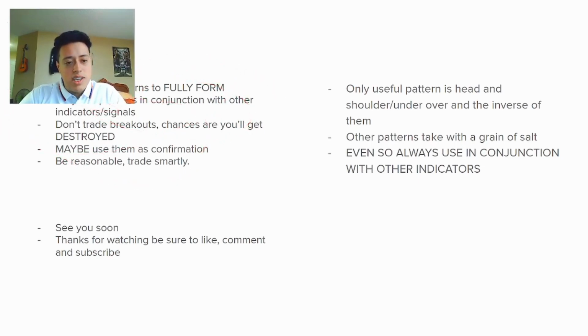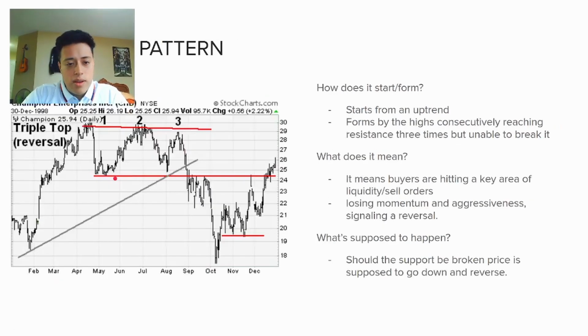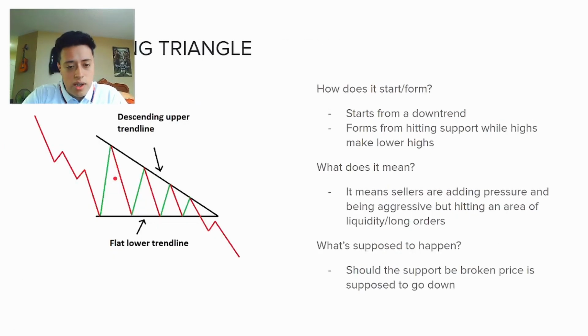Like my tips, I guess, is to wait for the patterns to fully form. So for example, if we're here at the triangles, right? If there's only two highs like this and you draw a triangle, don't expect it to complete this because you don't know that, right? The market doesn't base around you, it bases around what everyone else is thinking.